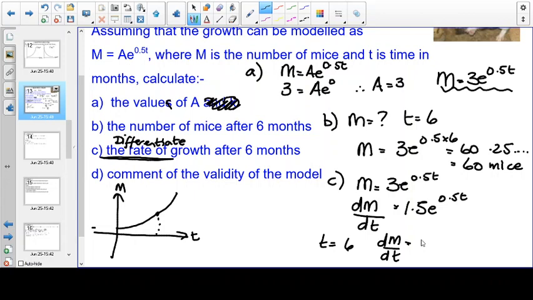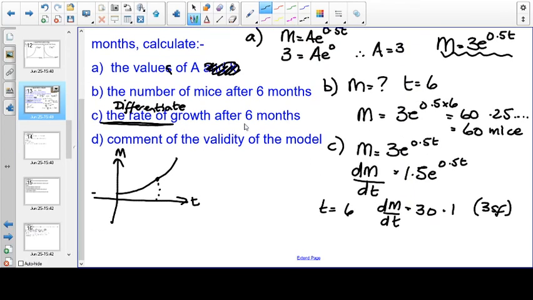e to the 3. Oops. Press that button. So 30.1 to 3 significant figures. So the rate of growth after 6 months is 30.1 mice.